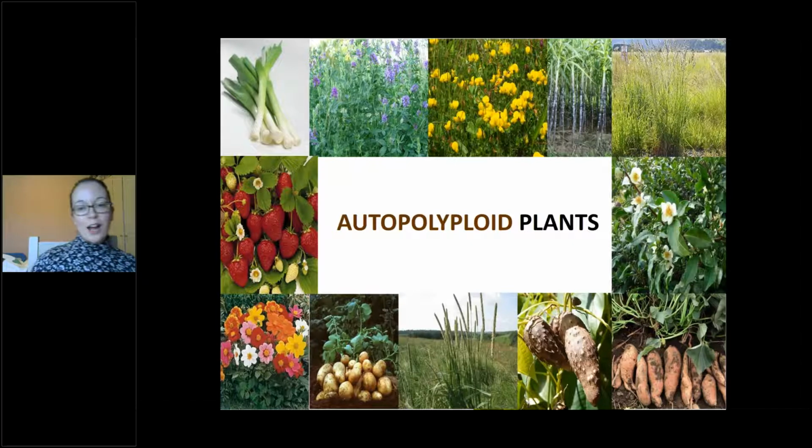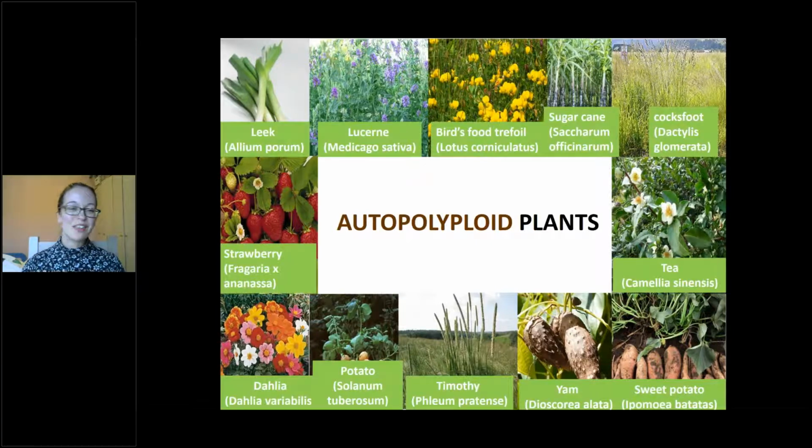So just broadly, why autopolyploid plants are important if you're not familiar with them: not just because I can put together such a beautiful slide to illustrate those, but also because a lot of plants that are important in agriculture, and hence for food security, are autopolyploids, and particularly autotetraploids.